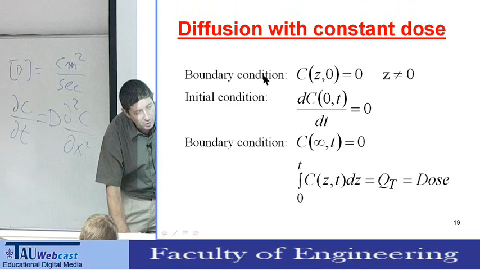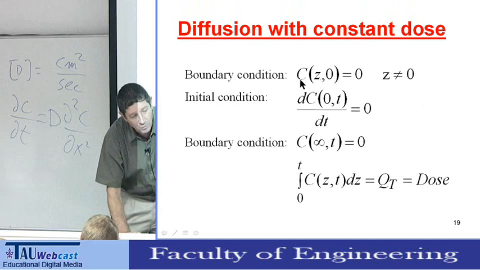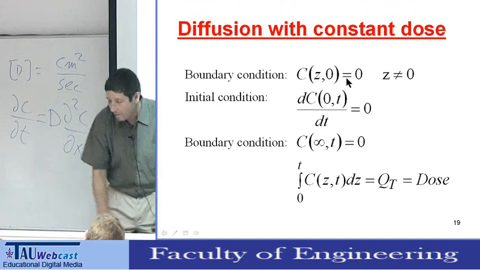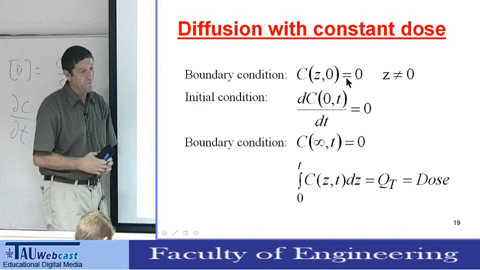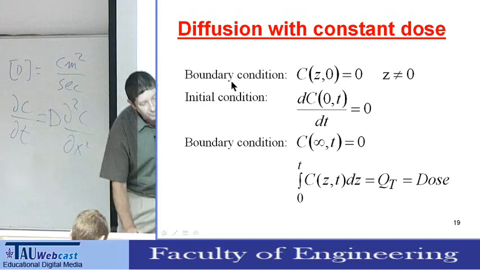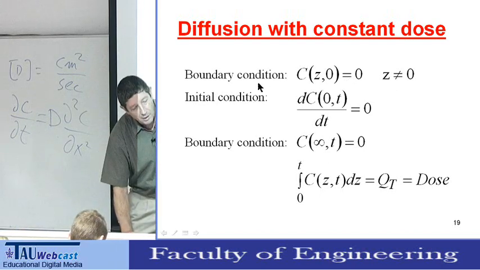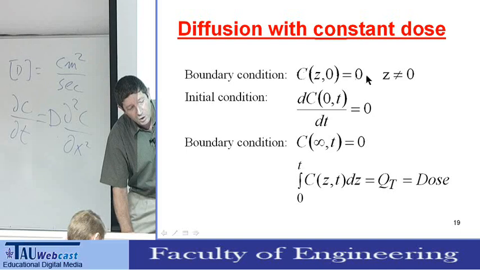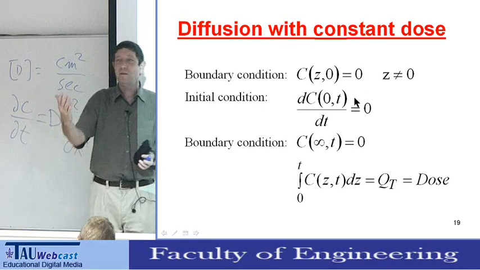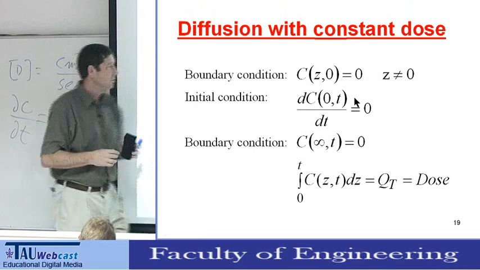So you have to solve with different boundary conditions. Initially we diffuse from a constant dose, so initially there is nothing in the semiconductor. We also assume that nothing is coming out from the semiconductor.